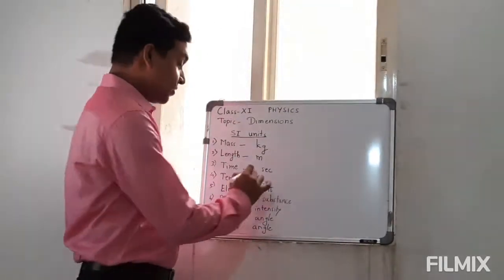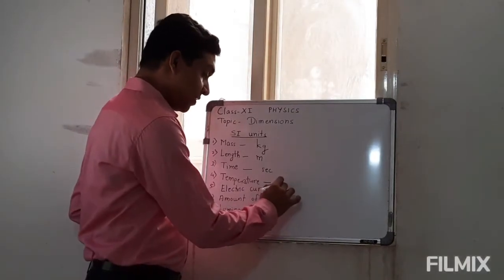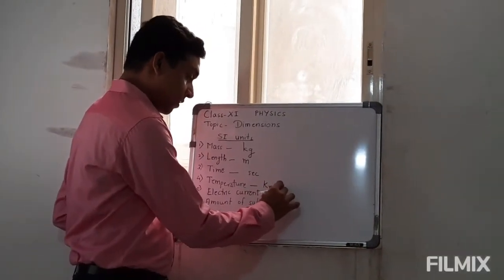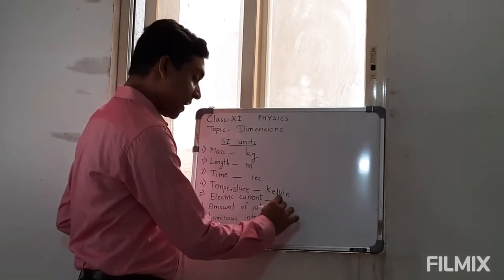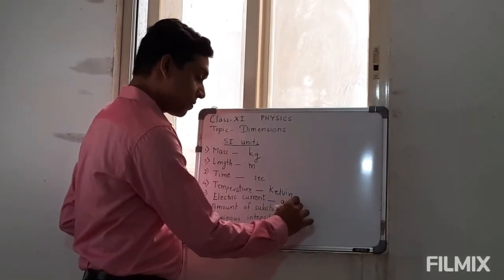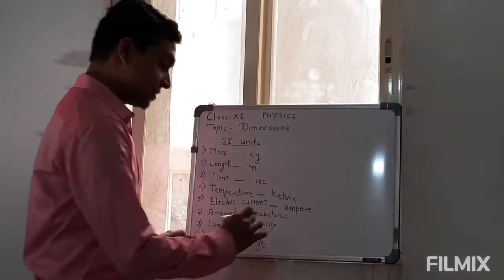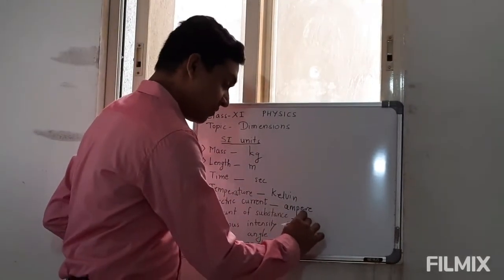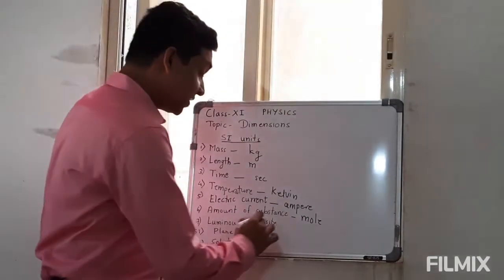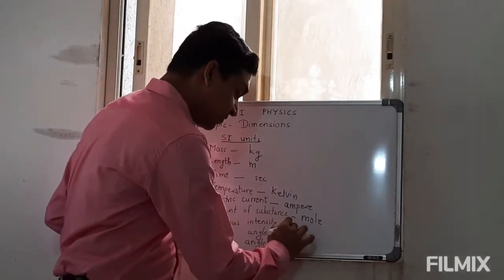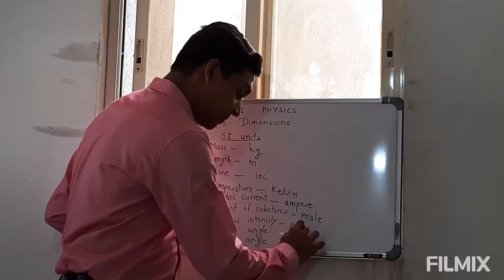For temperature, we use Kelvin. For electric current, that you already know, we use ampere. For amount of substance, we use mole. And for luminous intensity, we use candela.